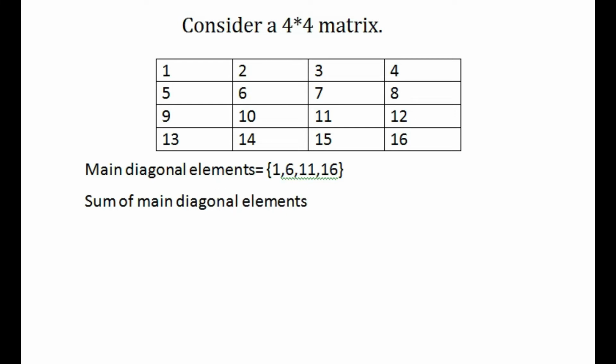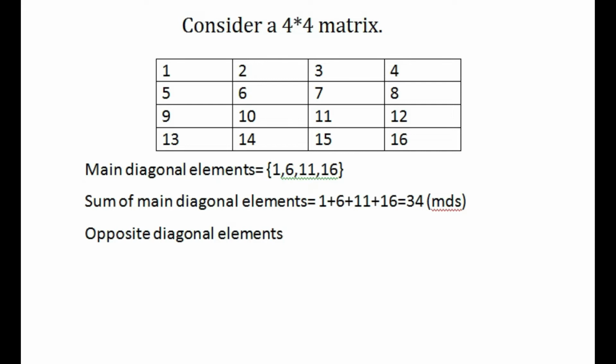Then the sum of main diagonal elements is 1 plus 6 plus 11 plus 16, which is equal to 34. Let it be the main diagonal sum, that is MDS. On the other hand, the opposite diagonal elements are 13, 10, 7 and 4.